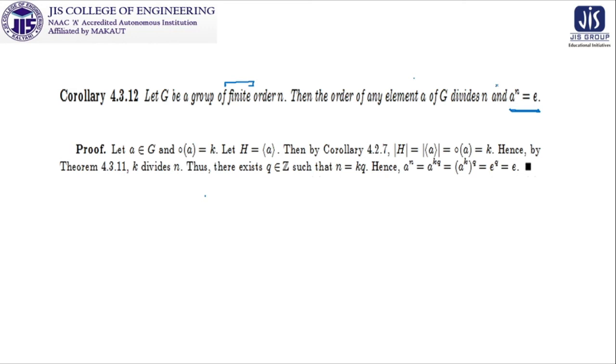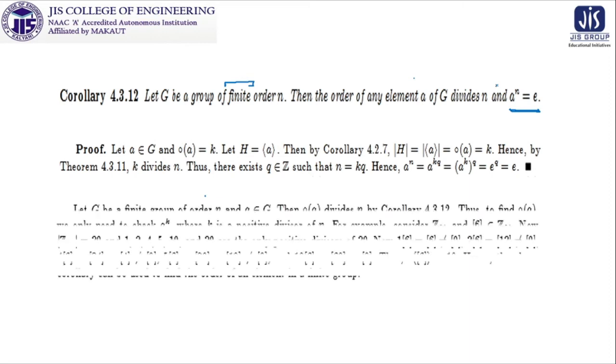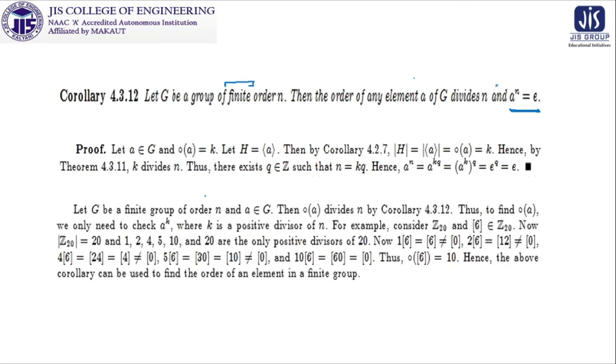So this is the basic proof of this particular structure with the help of the previously discussed theorems. Now we have some applications of this. If we take a finite group of order n, and take an element A in G, then the order of A divides n. We have already gone through this corollary.